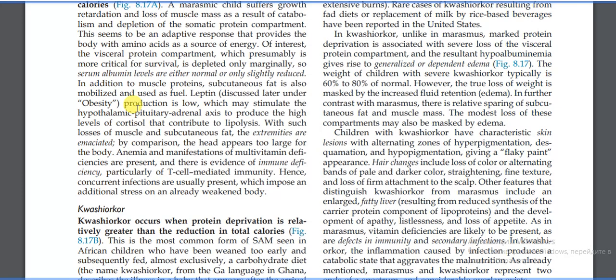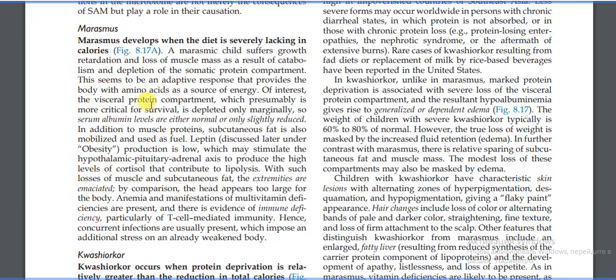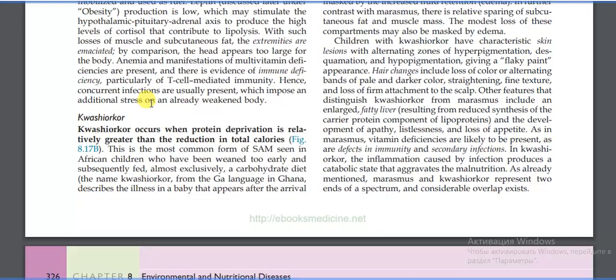We have a lot of different manifestations depending on which deficiency of which components is present, and that's why we have different appearances of marasmus. Okay, and let's talk about kwashiorkor.